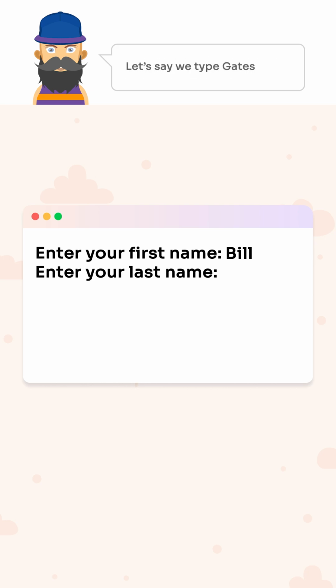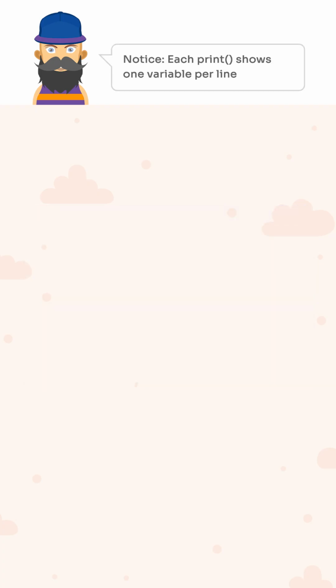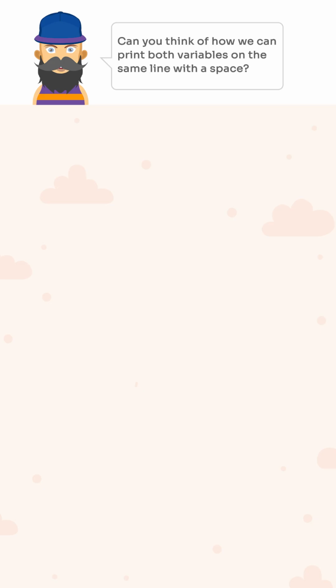Let's say we type Gates. Once we press enter, the output will be Bill Gates. Notice each print shows one variable per line. Can you think of how we can print both variables on the same line with a space?